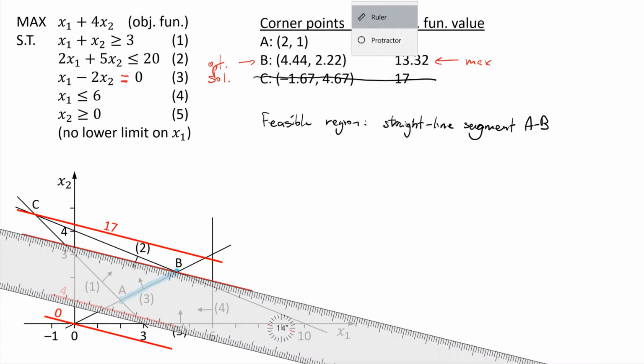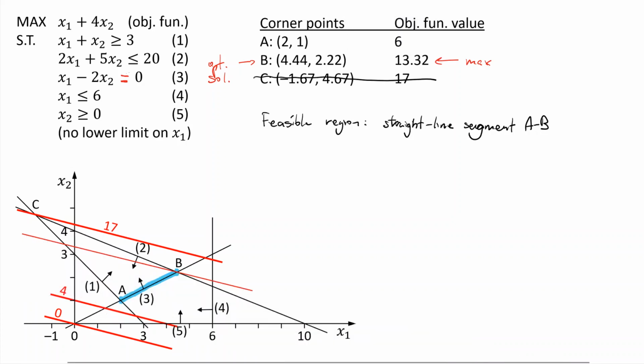And this level curve is for value 13.32, which we determined as the value achieved at point B, and there are no more feasible points above, right? There are no more feasible points above where we would like to go when we maximize the objective, and all points below are worse. So B is now the optimal solution.